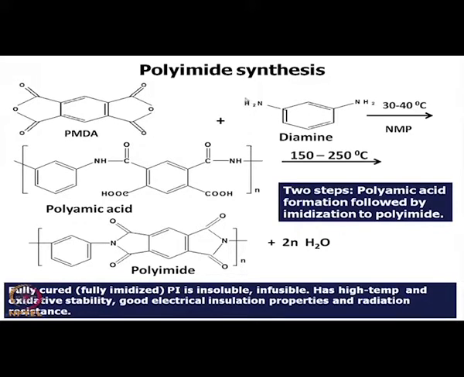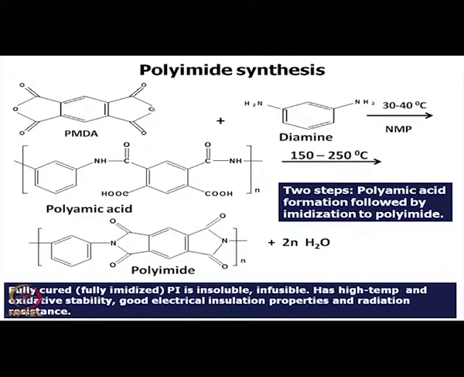When it reacts with this amine group of the diamine compound, that reaction is carried out in the presence of a solvent, say N-methyl pyrrolidone, NMP. Now, these two reactive chemicals are dissolved in NMP and they are heated at 30 to 40 degrees Celsius. This amine group condenses with this. Of course, it should be done in an anhydrous condition.